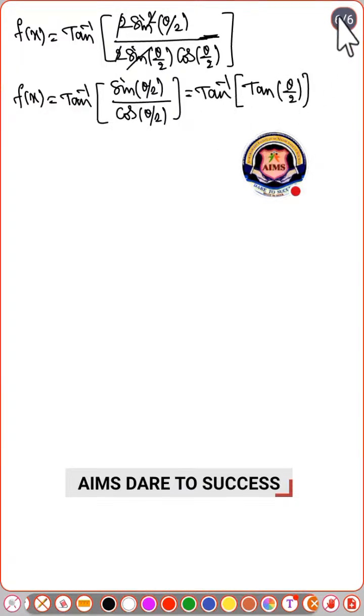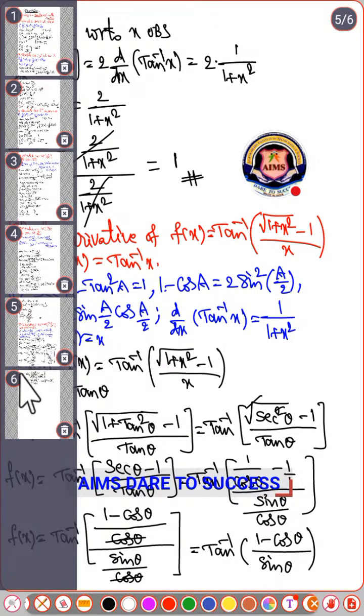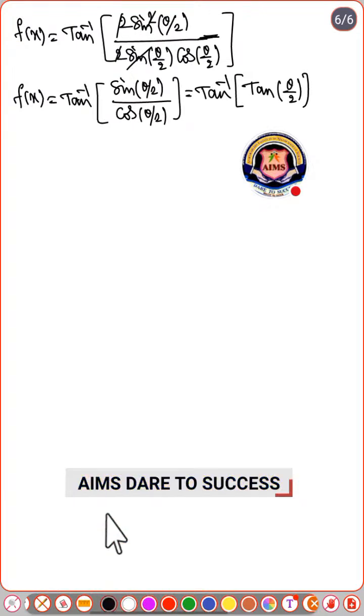So tan inverse tan, did we write the formula? We did not write it. That is tan inverse of tan x equals x. This concept we can use. So tan inverse of tan theta by 2 is theta by 2, and f of x is equal to theta by 2, which can be written as 1 by 2 into theta.